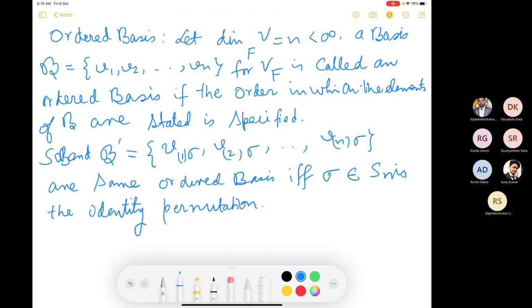Because if sigma is identity permutation, in that case, the order of these elements will be retained. And if it is not identity permutation, then order will be definitely changed, although set-wise both are same.